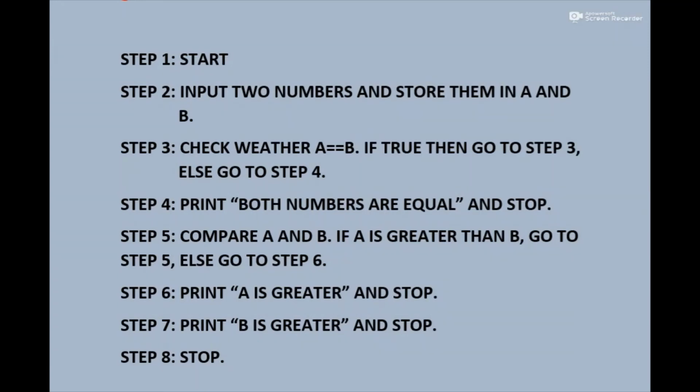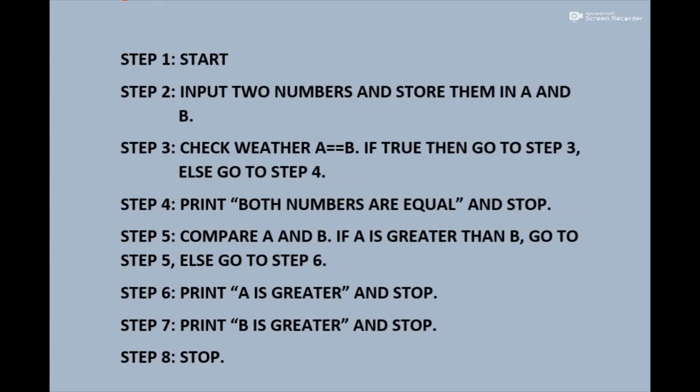In this problem we have three conditions. The first condition is if both numbers are equal. The second condition is the first number is greater than the second number. The third condition is if the second number is greater than the first number.